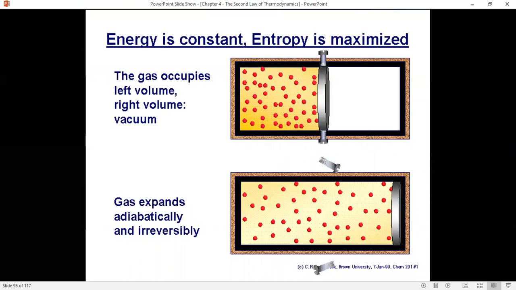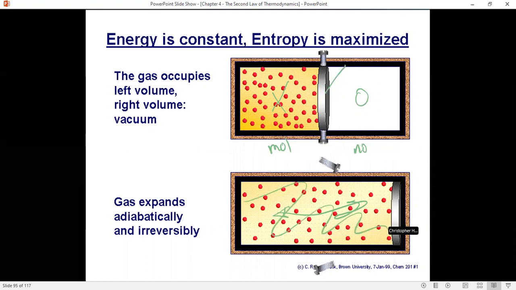Let's say I've got a bunch of molecules on this side, nothing here. Okay, I can open this divider right here, and what happens? It equalizes. Okay, what's happened to the entropy? Well, we've gone from a system of order, molecules on this side, no molecules on this side, to somewhat disorder where the molecules are now all over the place.